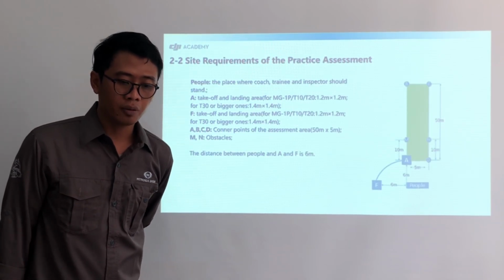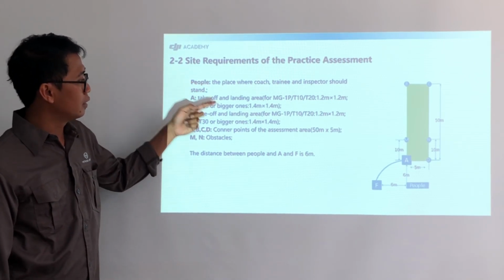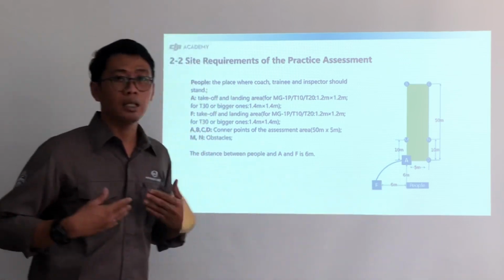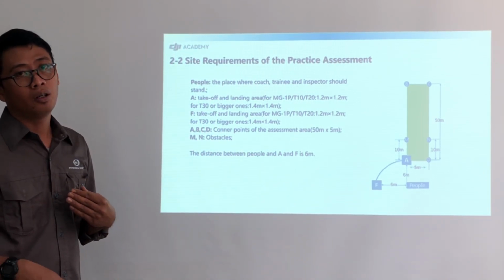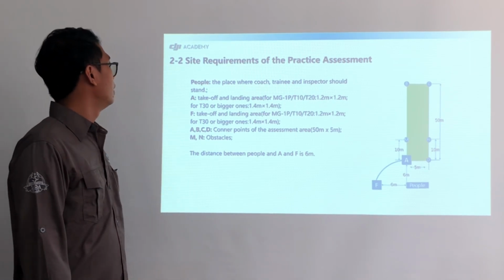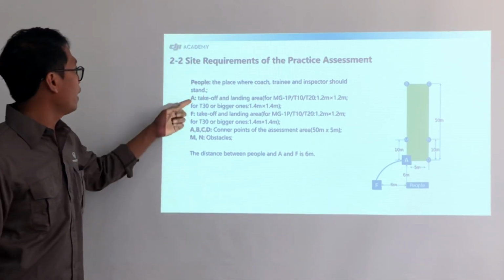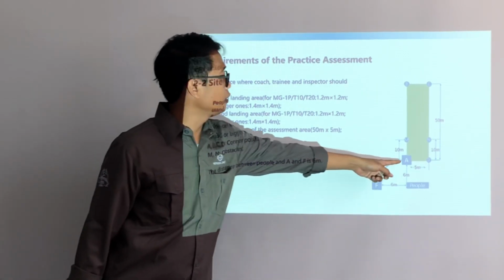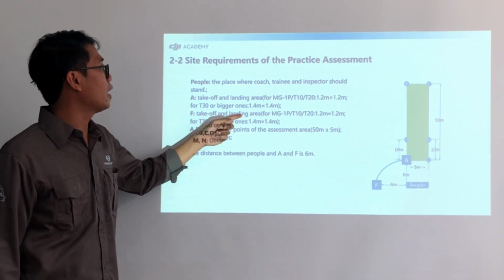This is the site requirement of the practice assessment. The people mark where we, as pilots, including the coach or trainer, stand. A means this point, and this is F, the same takeoff and landing area.